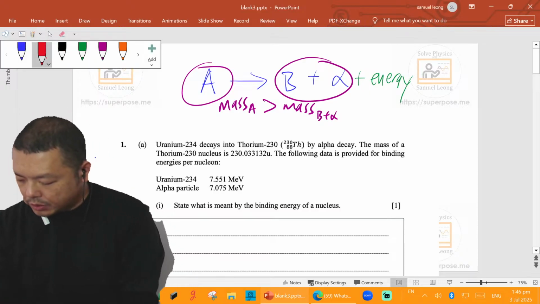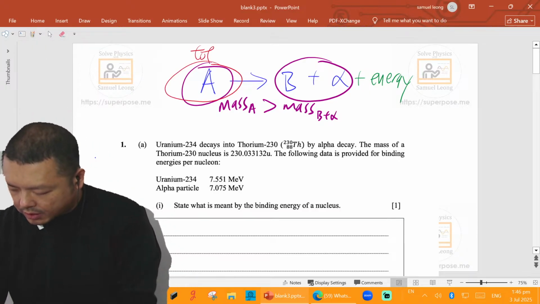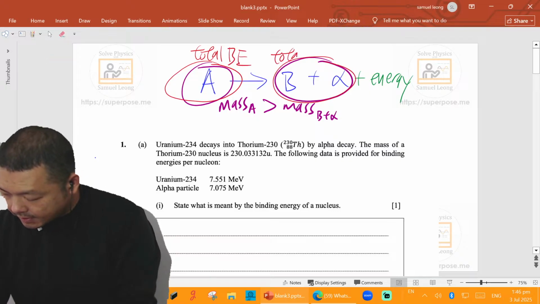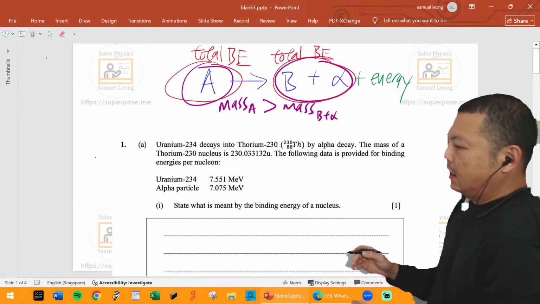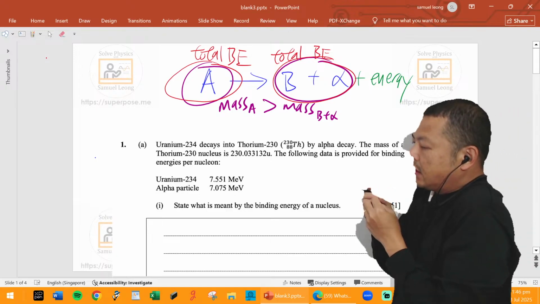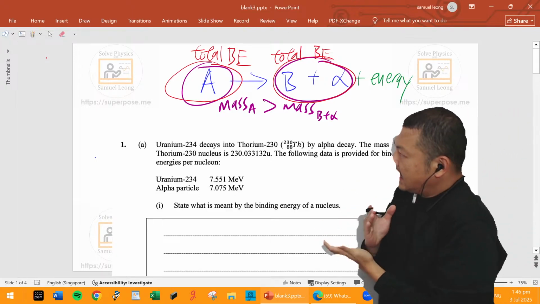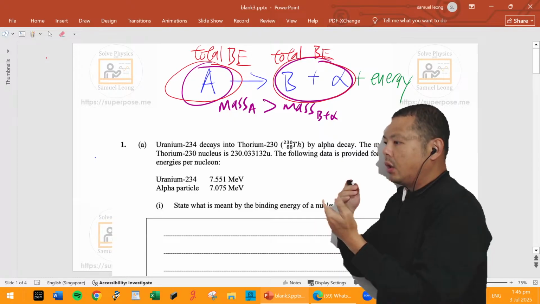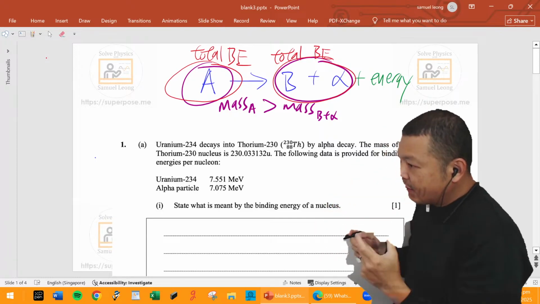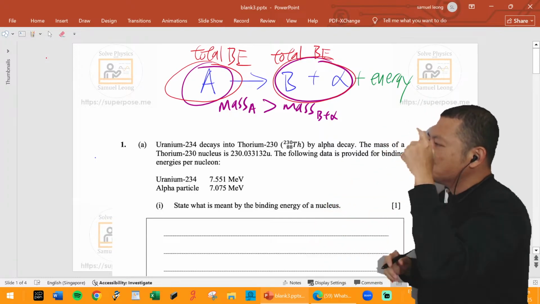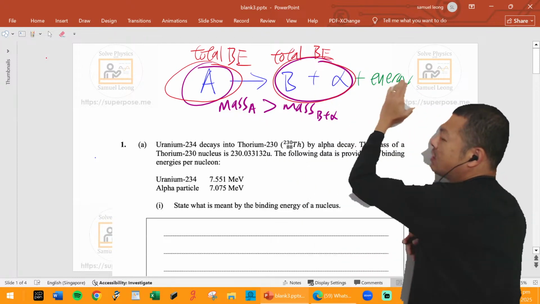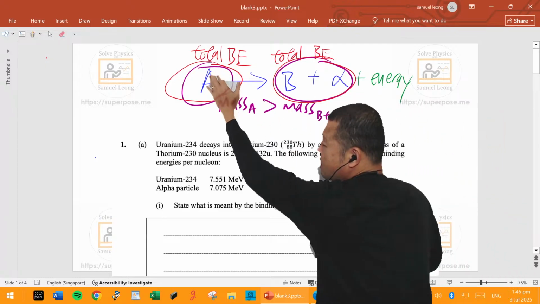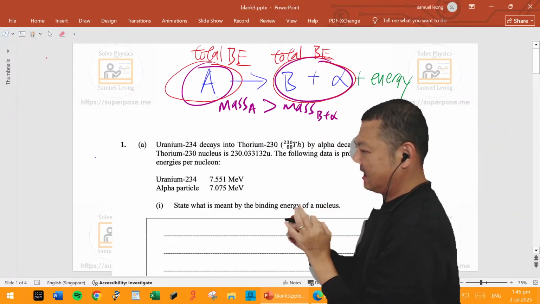What's the total BE on this side versus the total BE on the other side? If you refer to all the lessons, the total BE, the numerical value, so don't care whether plus or minus, when there's a release of energy, the numerical value must increase.